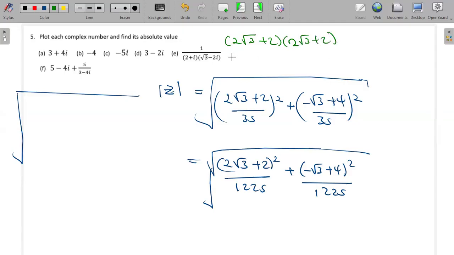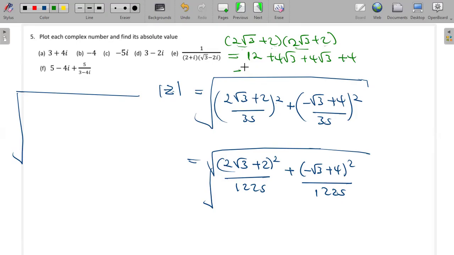So what does this give me? 2 multiplied by 2 gives 4, multiplied by the 3 gives us 12. Then 2 multiplied by root 3 gives 4 root 3. Then this multiplied by that gives me also 4 root 3. The last 2 times 2 gives me 4.